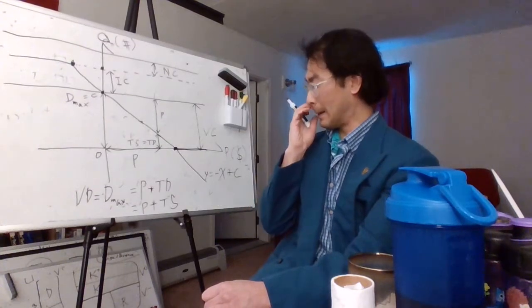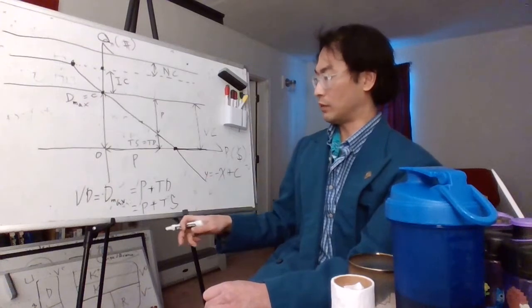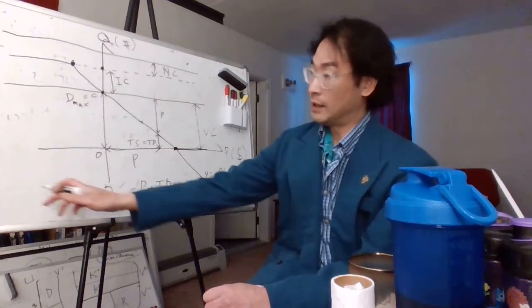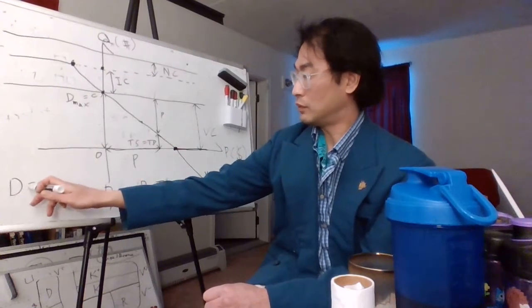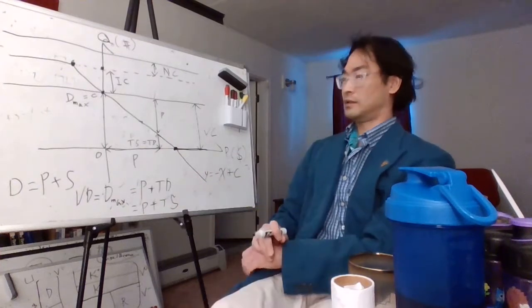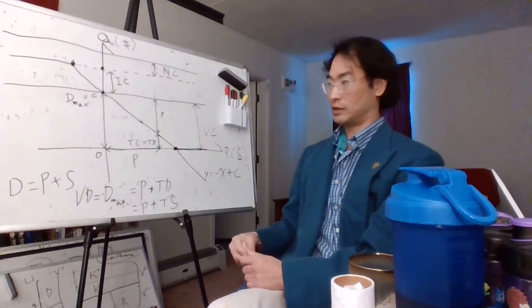Transactional supply, we just call it supply. Maximum demand, volitional demand, we just call it demand. So demand is equal to price plus supply. Yeah, that's what it is.